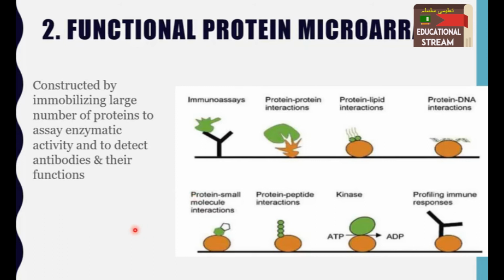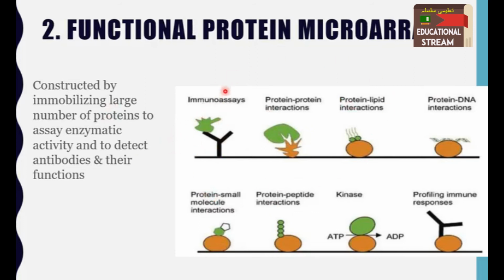Moreover, protein microarrays enable the study of many post-translational modifications like phosphorylation, acetylation, ubiquitination, and S-nitrosylation in a large-scale fashion, and it is critical for understanding the cellular protein synthesis as well as the function of the protein. So these are mainly the applications of functional protein microarray.